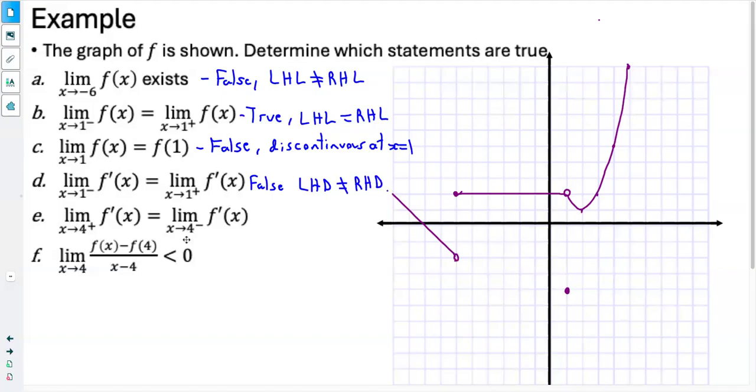Next, we're going to be looking at as we approach 4, from the positive and negative side. So as we approach 4, 1, 2, 3. As we approach here, we ask: is our derivative the same as we approach from both sides? In fact, it is.